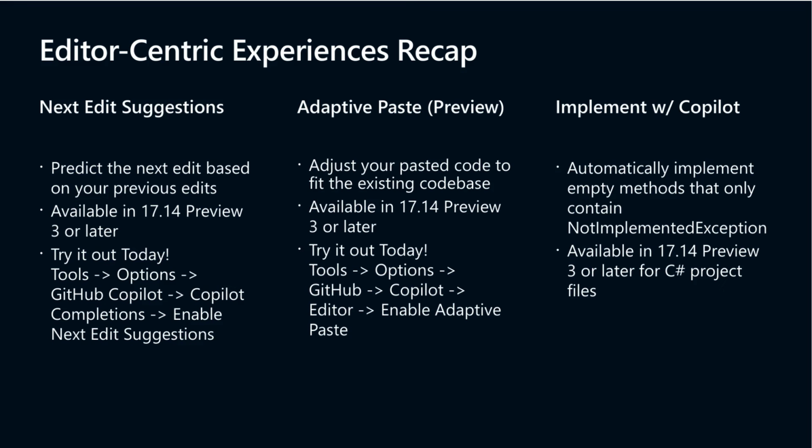Adaptive Paste reshapes pasted code to match your project's formatting conventions, saving time adjusting style manually. We also have Implement with Copilot, which automatically fills in empty methods by generating basic implementations, especially handy for C# development. Together, these features enhance your productivity without interrupting your coding rhythm, helping you avoid repetitive, manual tasks while staying fully in control.